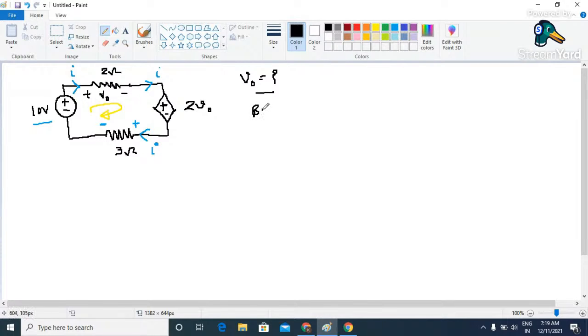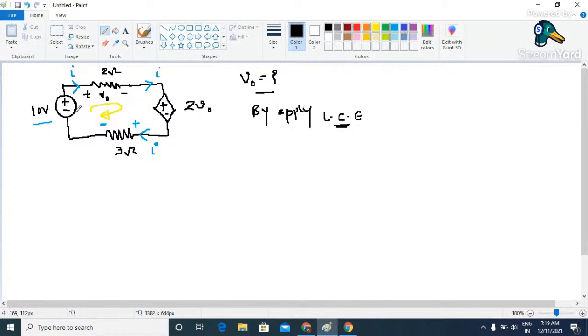So by applying the law of conservation of energy, because V is proportional to E, first we have this element which is nothing but a 10 volt voltage source, and we are moving clockwise. That means we are moving with respect to this particular element in the upward direction, that means from negative to positive.